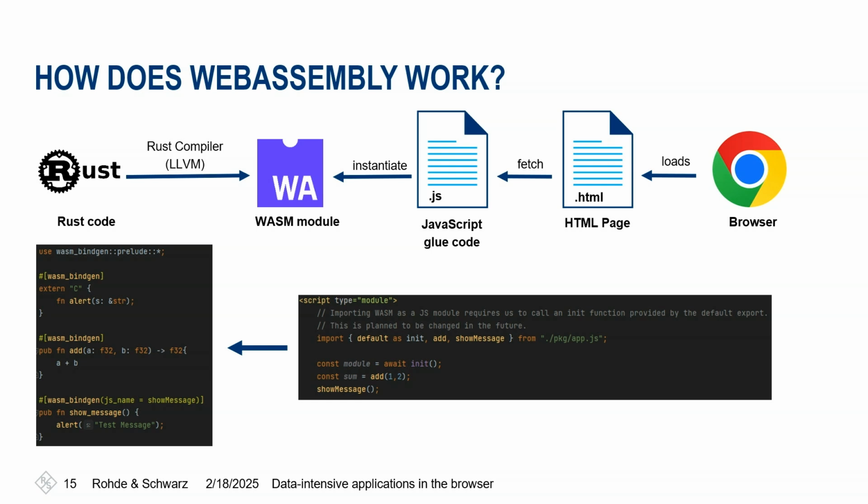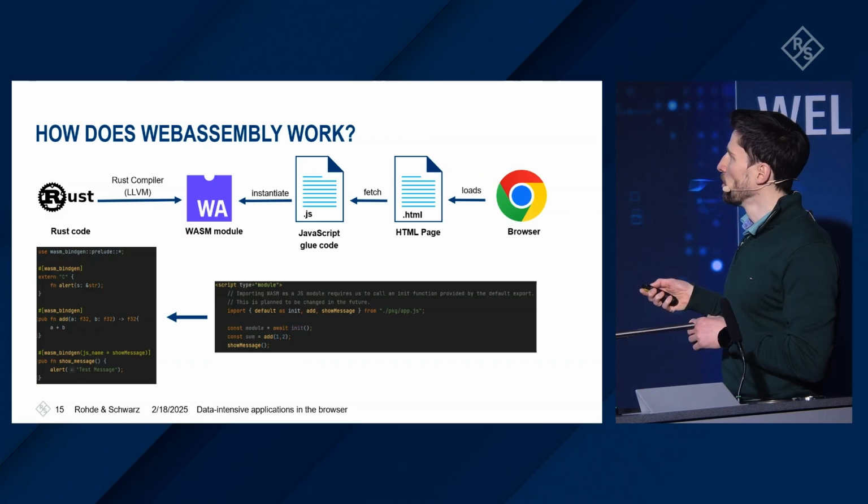So just to give you a short example so that you get a basic picture of it. Here, for example, you have a Rust add function. Then you annotate it with the Rust wasm-bindgen crate, which basically exports this function. And if you're using, for example, wasm-pack and wasm-bindgen, then it's quite easy to do.